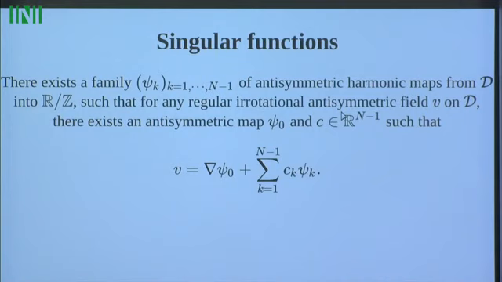So what can strike you is that I'm using only n minus 1 functions and not 2n minus 1. And this is because I have a condition on V. V itself is antisymmetric. It's not any irrotational field.